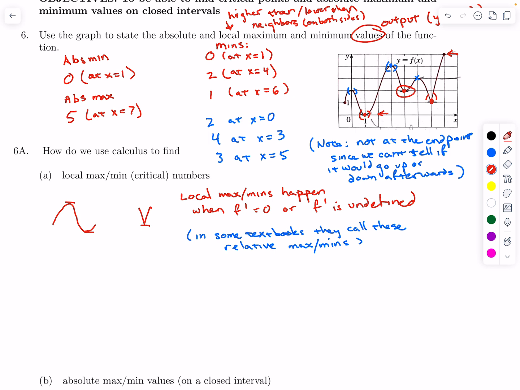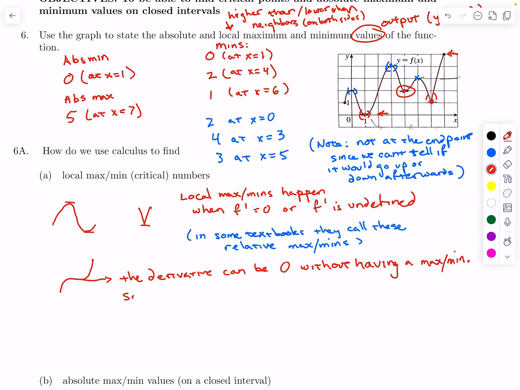Oh, one other thing is when you do this, the derivative can equal 0. We can just have a turnaround point where it stops for a second like a base camp, like x cubed, and then keeps going.